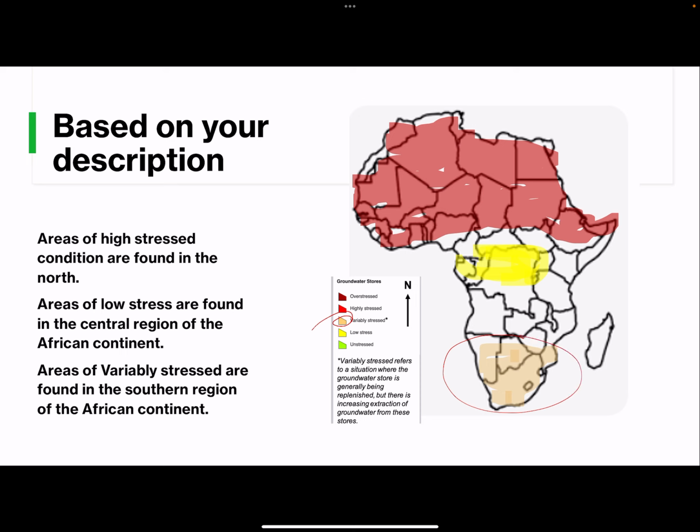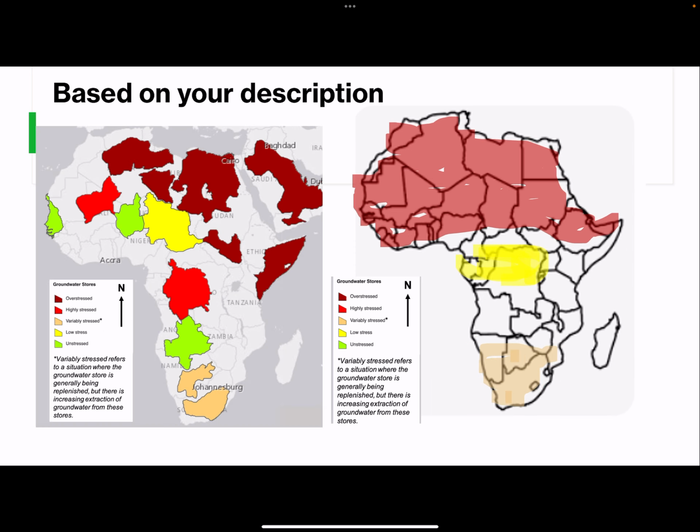Variable stress, southern region. So with my three statements in my description, I'm able to fill up these three general areas in the continent of Africa to show the distribution of the stress level of groundwater. In comparison to the diagram here, am I able to represent everything?